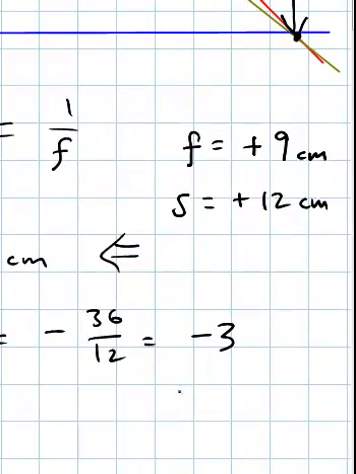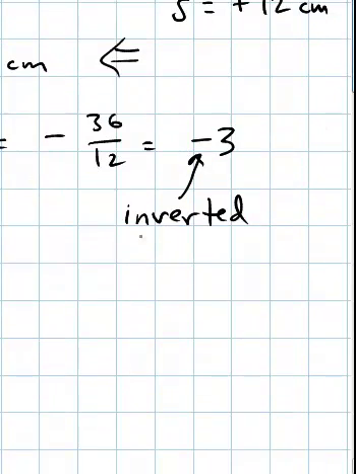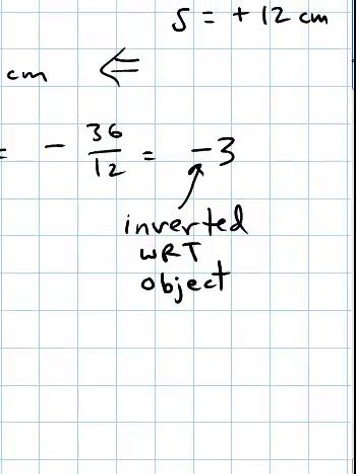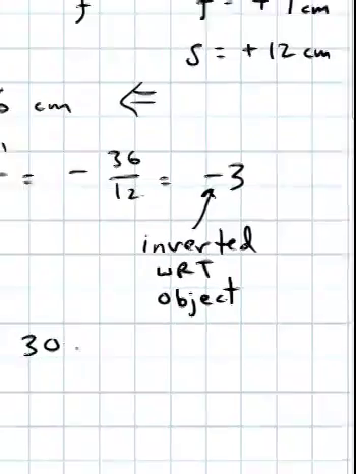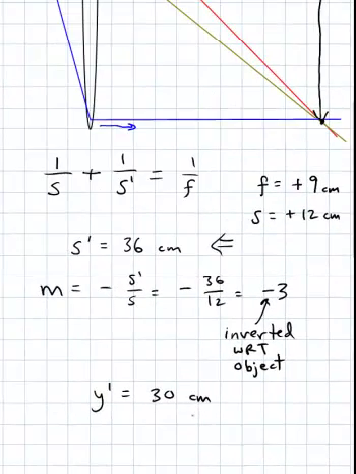So negative means it's inverted with respect to the object. If the object is up, the image is down, or vice versa. And the magnitude 3 tells us that our image is 3 times as large as our object. So that means it's going to be 30 centimeters.